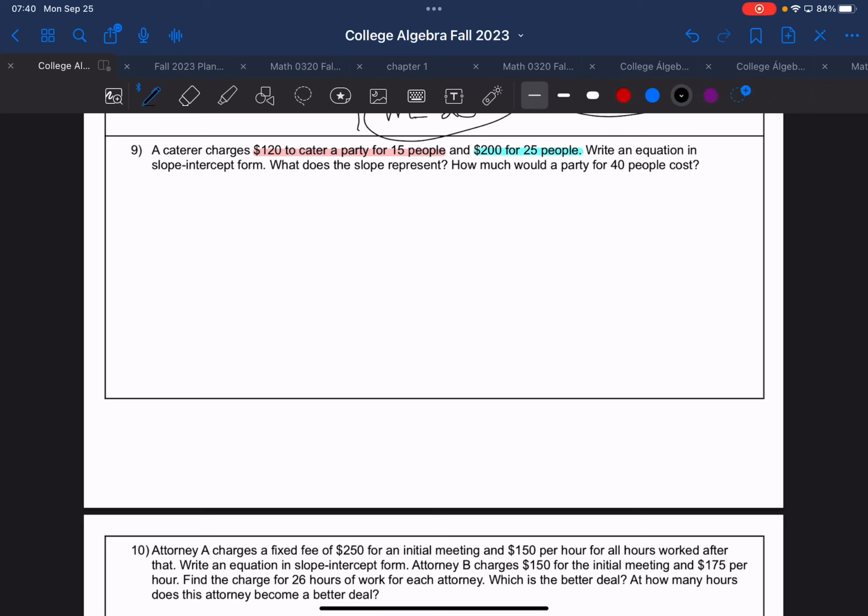So we would write that as X comma Y. So 120 comma 15 and 200 comma 25. If it wants us to write it in slope-intercept form, we first need to find the slope, right? We need to find the slope before we could put it in slope-intercept form. So remember, the slope formula is M is equal to Y2 minus Y1 over X2 minus X1.